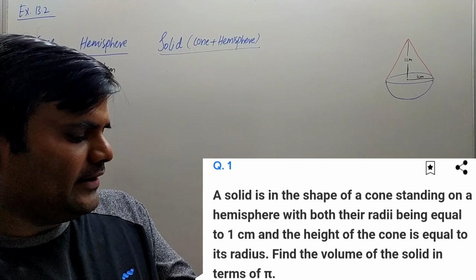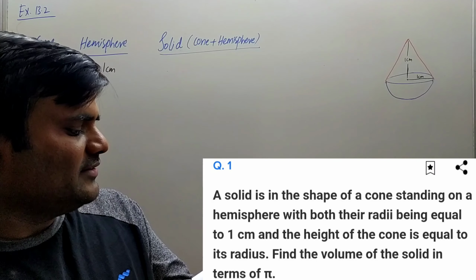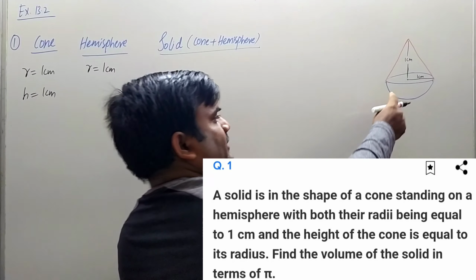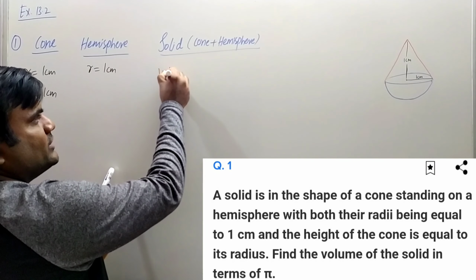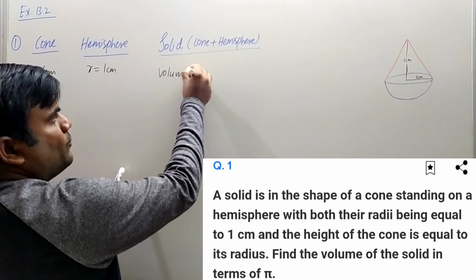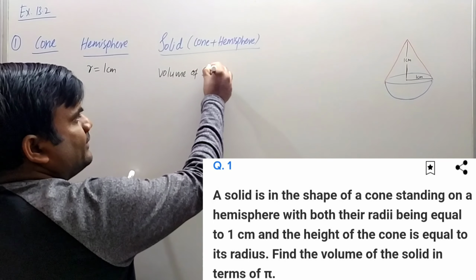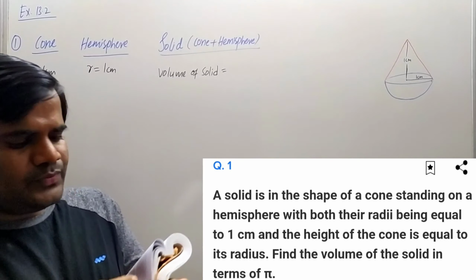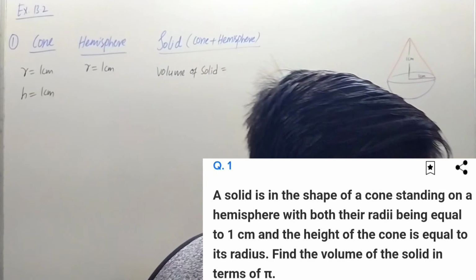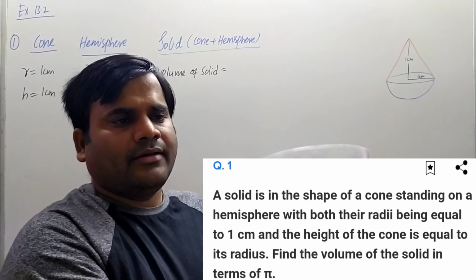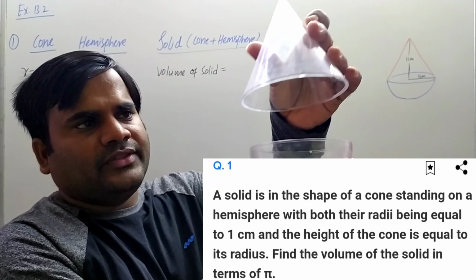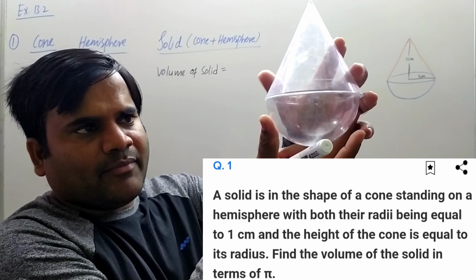Here we need to find the volume of the solid in terms of pi. So the volume of the solid is our question. The volume of the solid is a combination of a hemisphere and a cone. This cone is standing on the hemisphere.